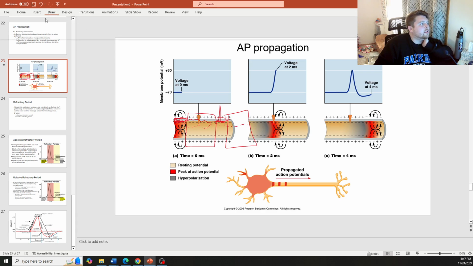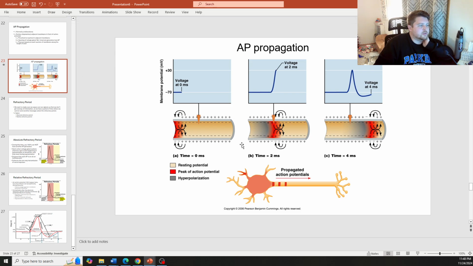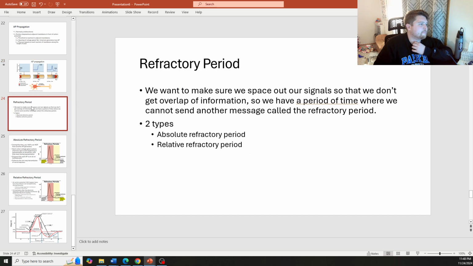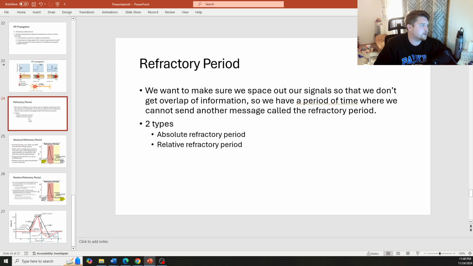So it limits the number of action potentials we have to perform, how many channels are involved, and how much stuff actually has to work in order for the signal to progress. So that was the importance of those myelin sheaths and those nodes of Ranvier. Sweet. So that is kind of the lowdown on our propagation.